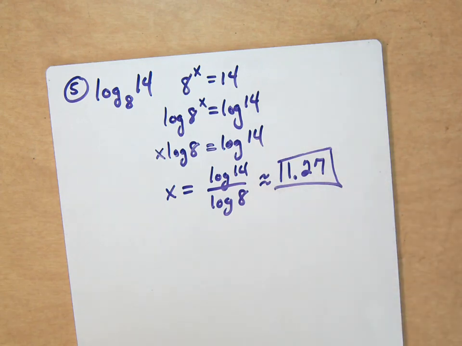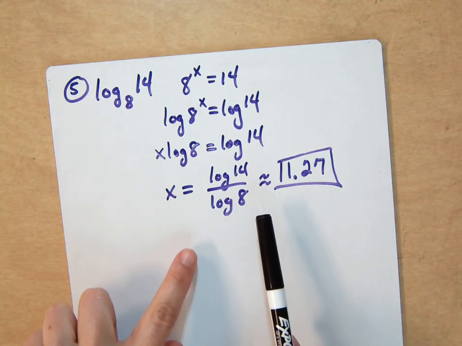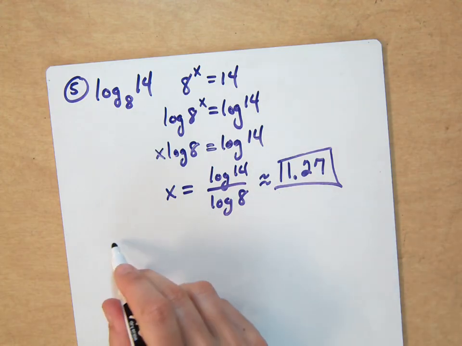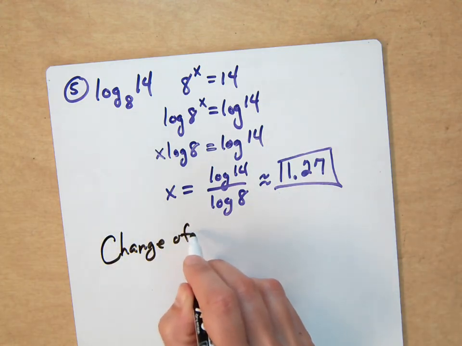And so to wrap up, there is a formula. Do you see the pattern for, like, look at the original and look at what the answer turns out to be? It's always going to be like that. So there's something called the change of base formula.